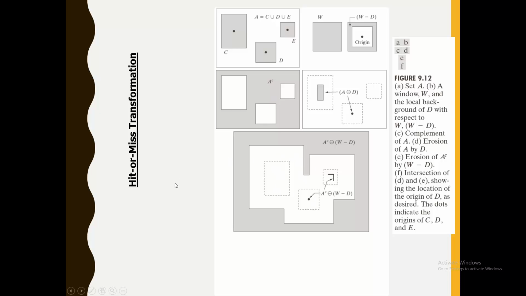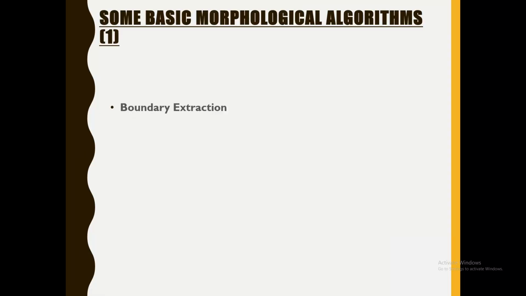And finally, in the case of hit or miss transform, we have to take an intersection of this one and this one. You can clearly see that this origin will remain in the intersection of these two images. So we are able to find the location of D with the help of hit or miss transform.